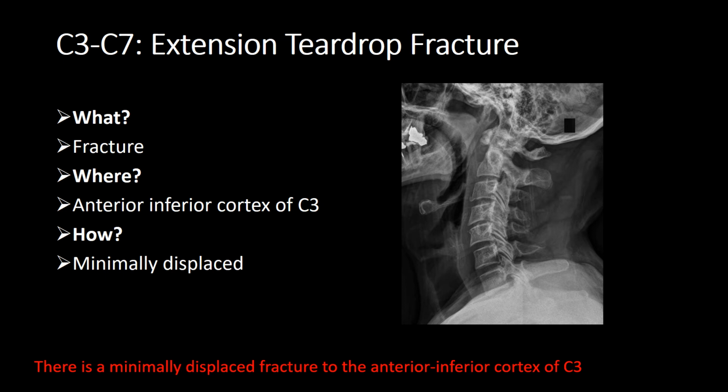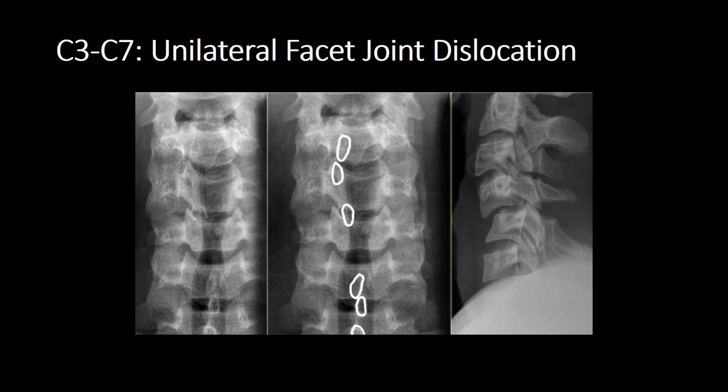How? Minimally displaced. So remember, on our AP, we want to check our spinous processes to see if they're all in alignment. And if we have rotation of the spinous processes away from the midline, that indicates that there is a disruption to the facets. And the side that the spinous processes rotate to is the side that there's the injury.